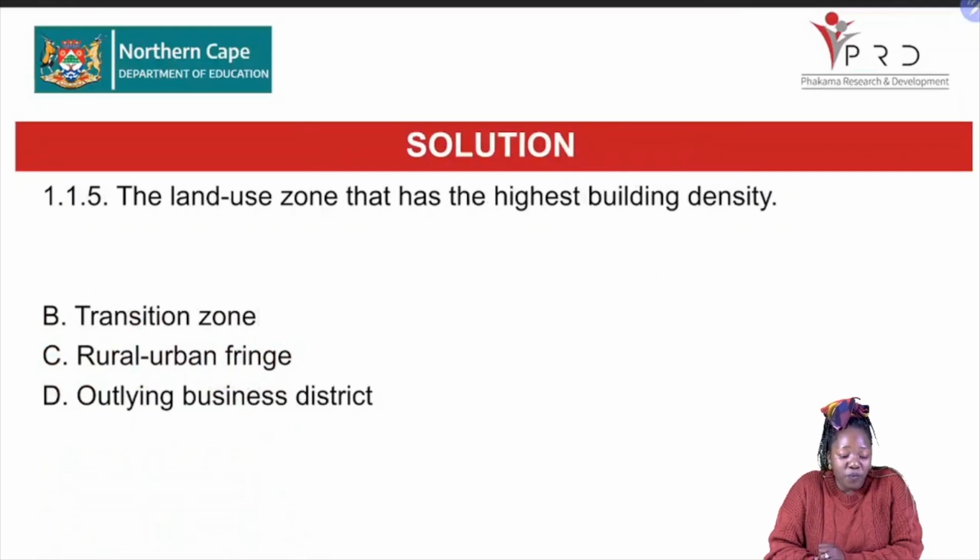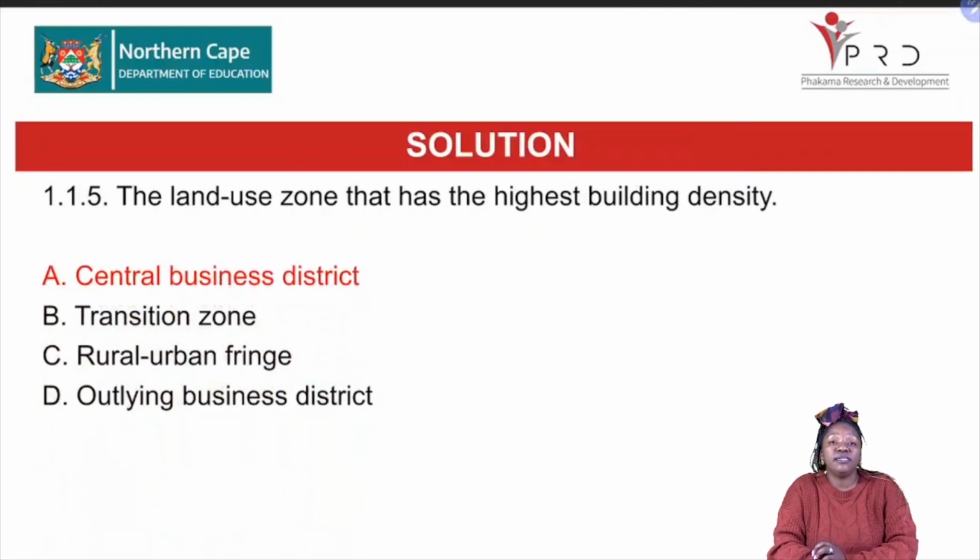I believe we are done. Remember, we were looking at the land use zone with the highest building density. So we are looking at your central business district. Remember, at the CBD, it's where you will have your tall buildings or the ones that we call skyscrapers.